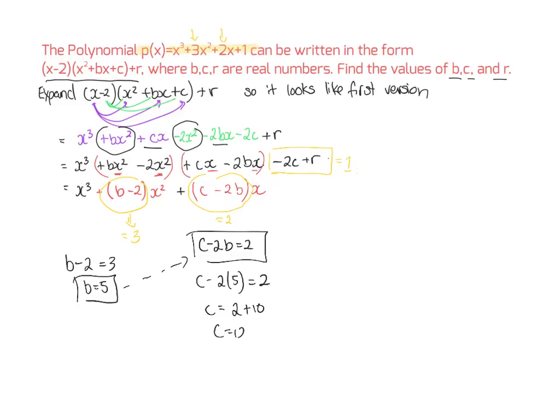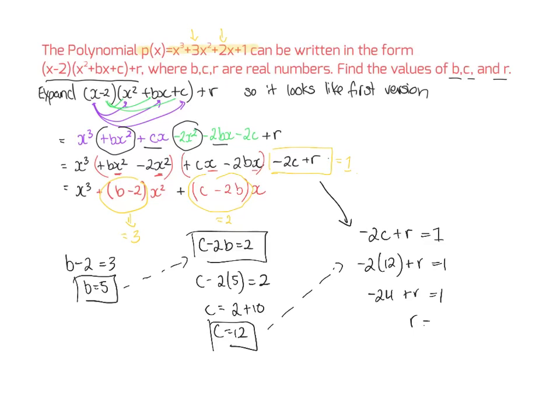So c equals 12. Okay, and now I can use this one. Negative 2c plus r equals 1, but I know that c is 12. So negative 24 plus r equals 1. So r equals 25. So it was a little bit tricky, but there you go.